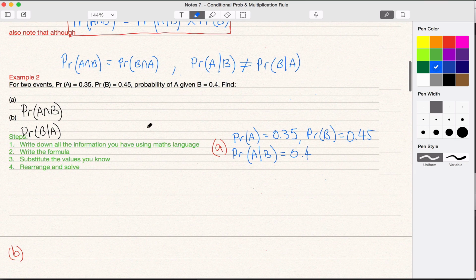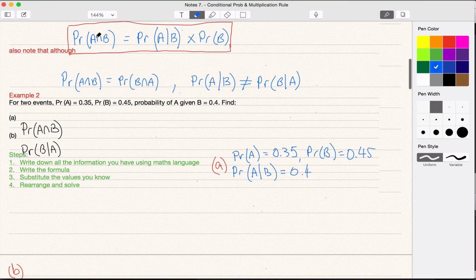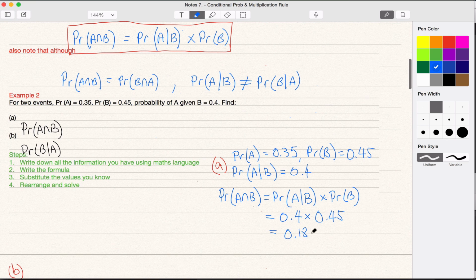Second step, write down the formula that we are going to use. We're going to use this one because we're trying to find A intersect B. Probability of A intersect B equals the probability of A given B times the probability of B, which is 0.4 times 0.45, which equals 0.18.